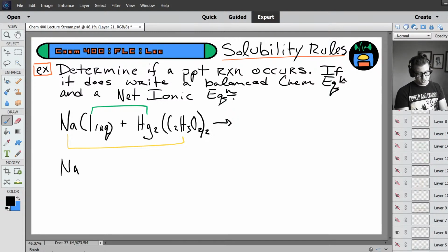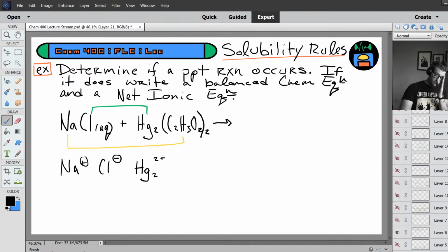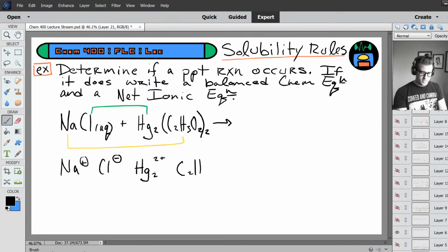So let's take a look at our ions that we're using. Sodium is +1, chloride is -1. Mercury 1 is a polyatomic ion, Hg2 2+. So it's Mercury 1 because each mercury inside the ion has an oxidation state of 1, but the ion itself is a polyatomic ion, and there's 2 of them, so there's a total charge of 2. Acetate is a polyatomic ion as well, with a charge of -1.